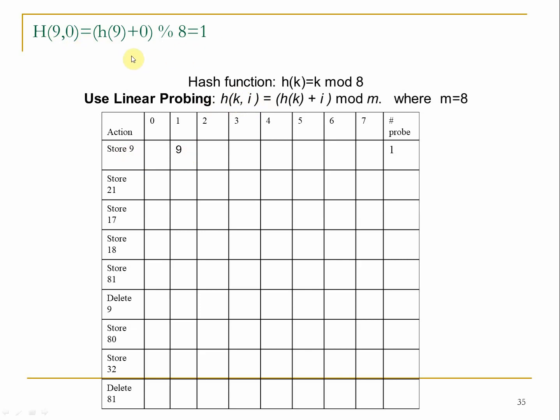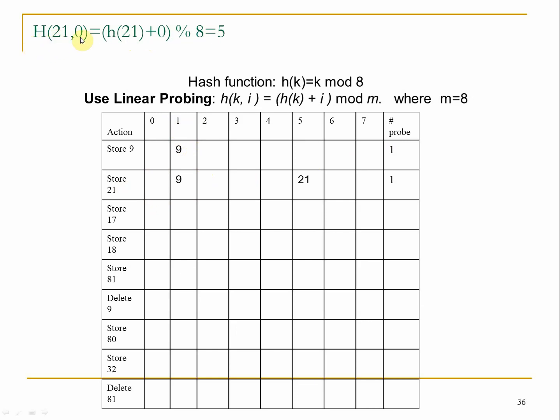When h(9, 0) equals h of 9, we feed the hash function k equal to 9, so 9 mod 8 equals 1. 1 plus 0, because this is our first try, equals 1. 1 mod 8, we don't need to wrap around, so it does not matter, and therefore you will look into index 1. That's how the computer knows to look into the index of 1, finding it is available over there.